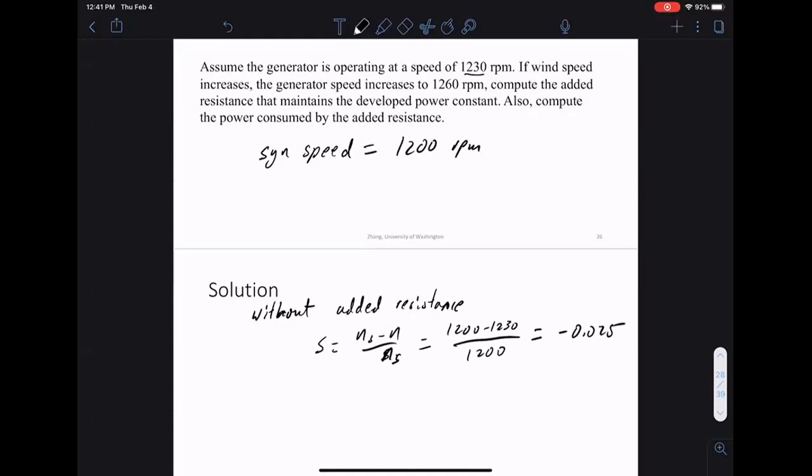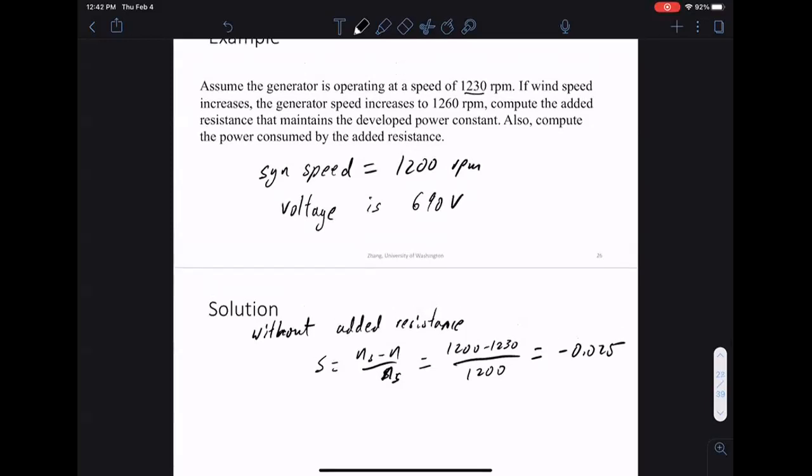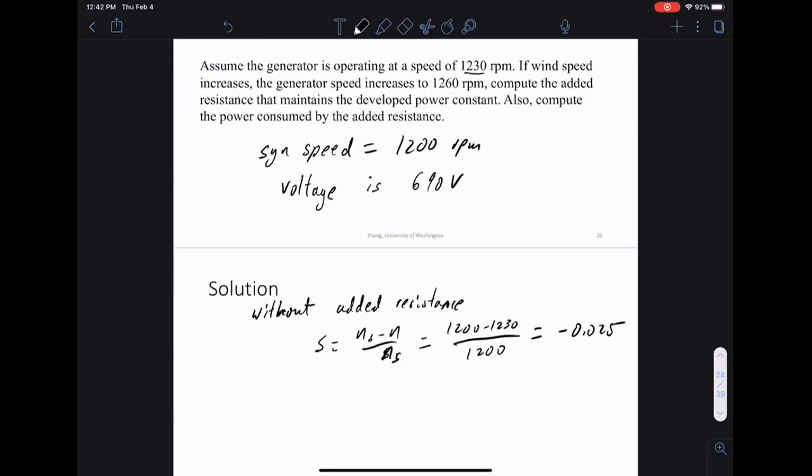And then the developed power from the equation, I think I forgot to tell you what the voltage is. So let's say the voltage is 690 volts.